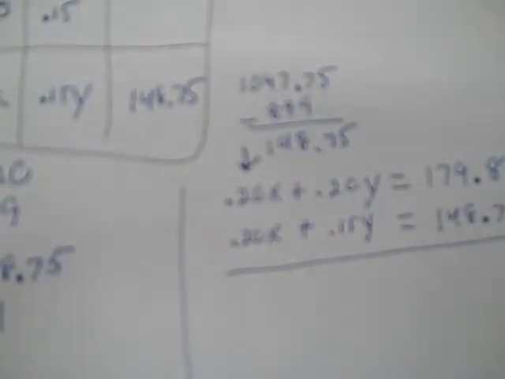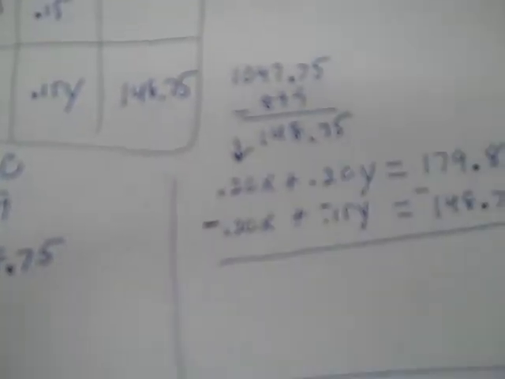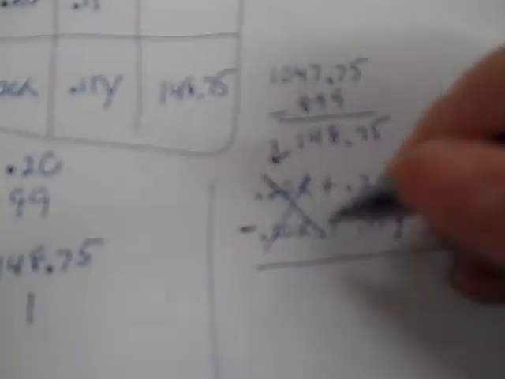Here's my common absolute value, but they're both positives, so I make them all negatives. Cancel. These are negatives. So 0.20 plus negative 0.15. Just like that, you see the negative 0.05y.